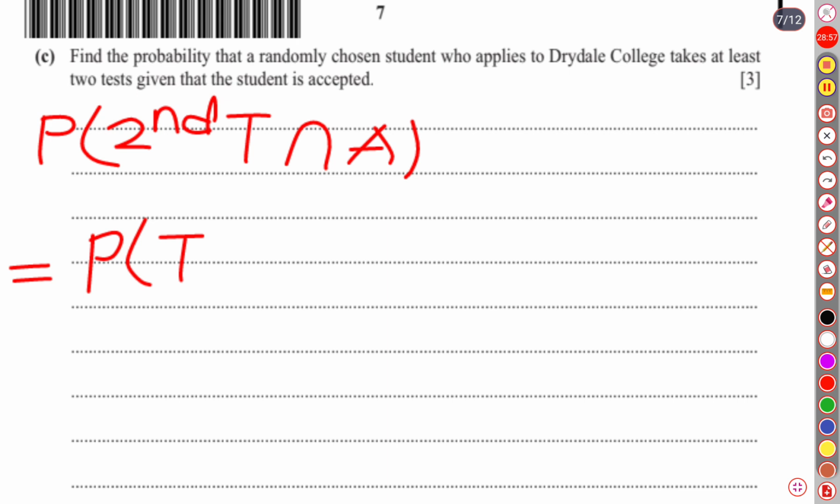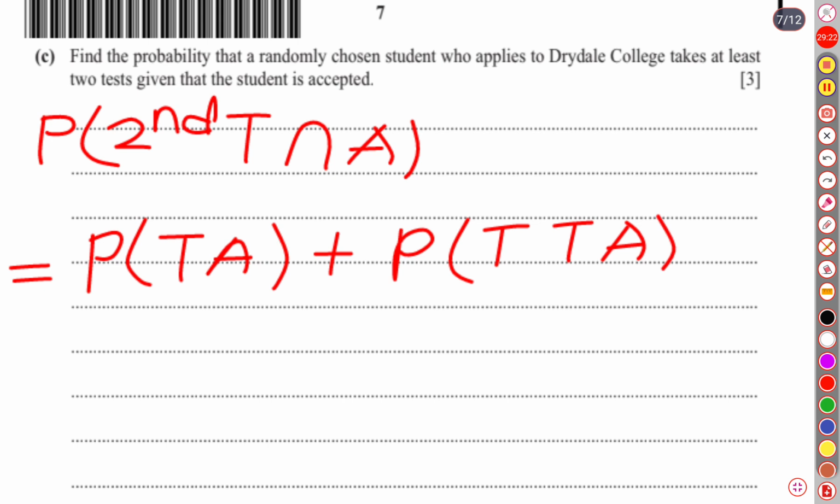First time he must take the second chance, so first chance was given and then he was accepted. Or first he was given a chance, again he took the chance, and then he was accepted. So these are the possible cases for a student to be accepted.